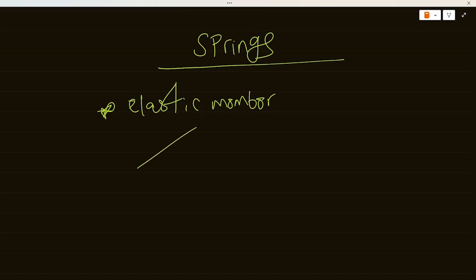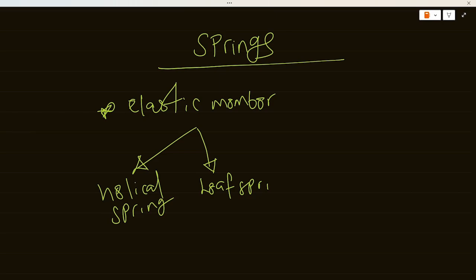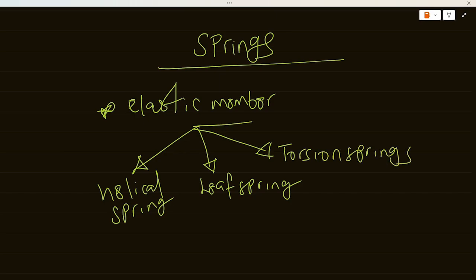Now, let's go to the types of springs. We have helical springs, a leaf spring, torsion springs, and flat springs.